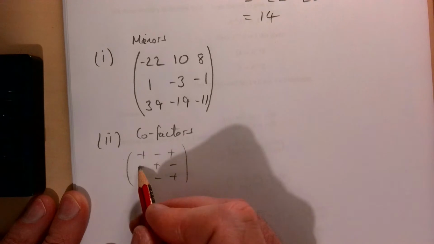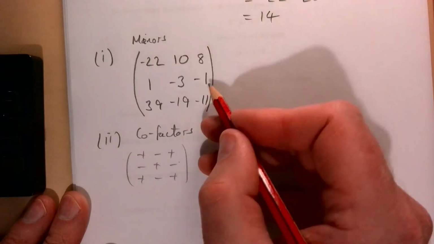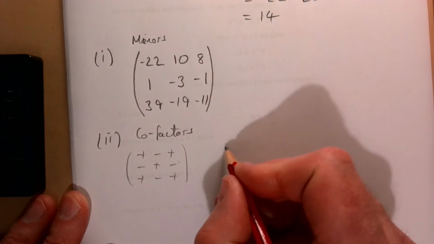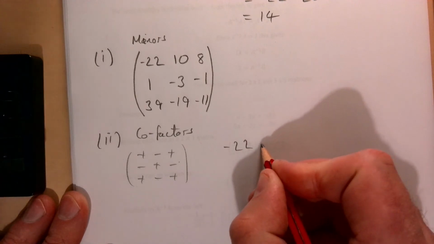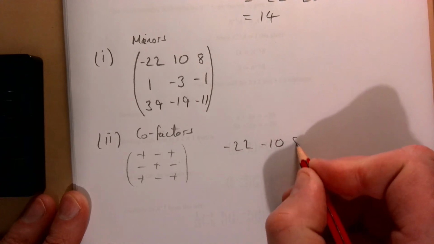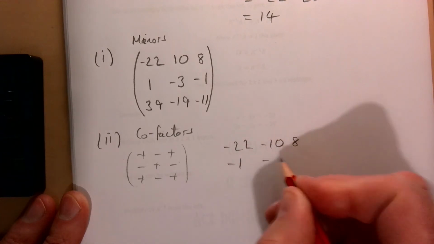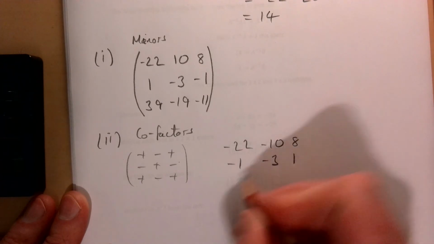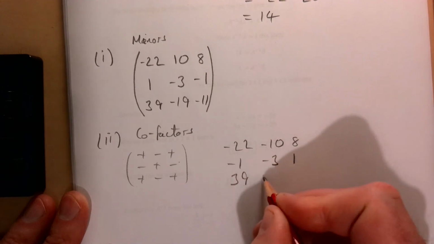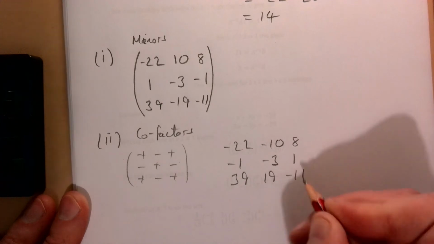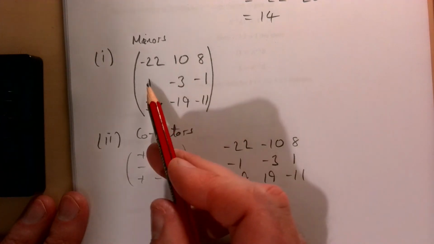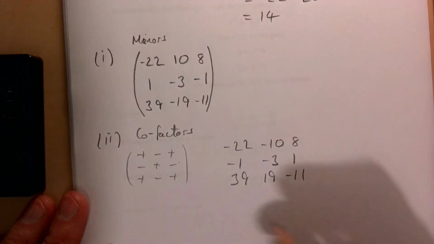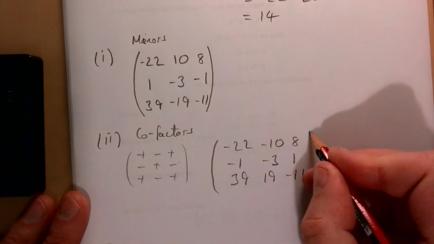And we change the signs of these 4 elements here. So that's going to give us minus 22, minus 10, 8, minus 1, minus 3, 1, 39, 19, minus 11. So what have I done? I've changed the sign of this one, this one, this one, and this one. So that's our second bit.